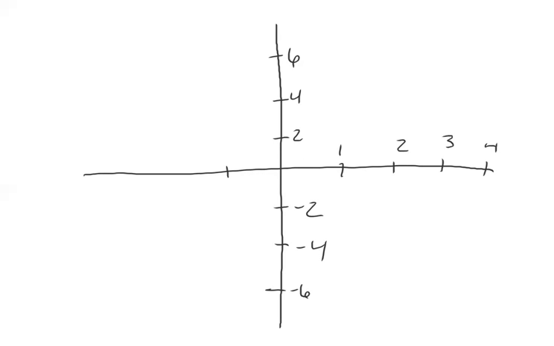And make it a relatively simple graph. So let's put all of those relevant features first. I'm going to put the inflection points on there. I know I have an inflection point at (0, 3), right there.